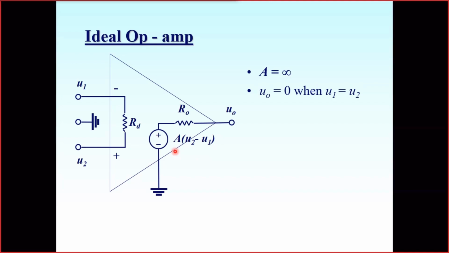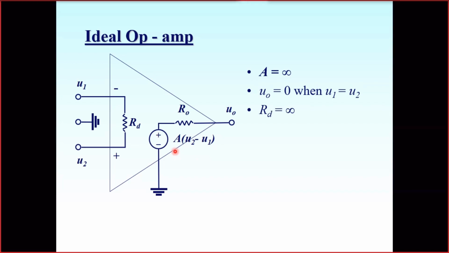So infinity times 0 is a typical unresolvable situation. But we presume that output should be 0 when the inputs are equal.